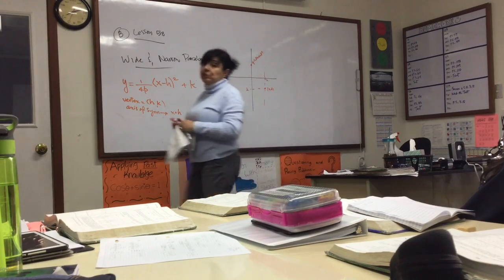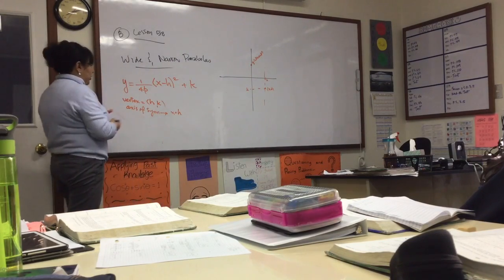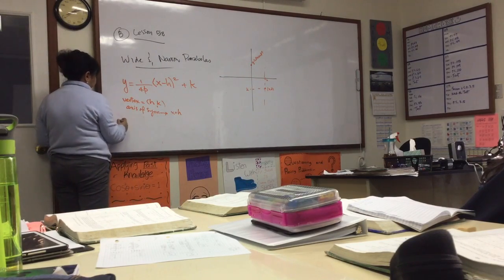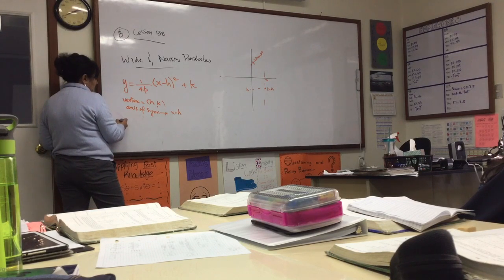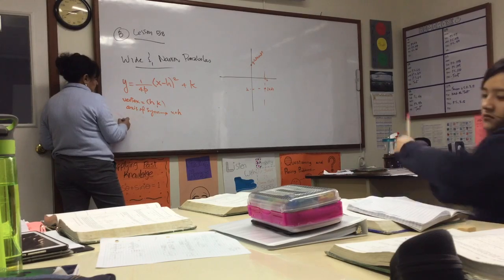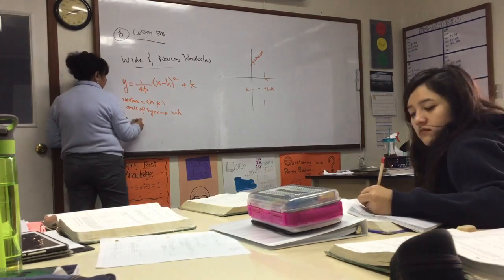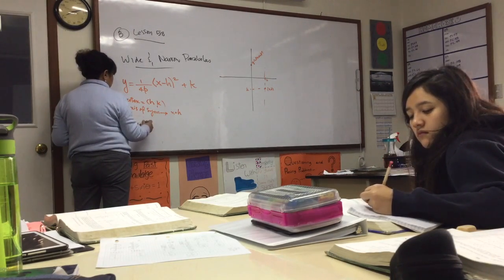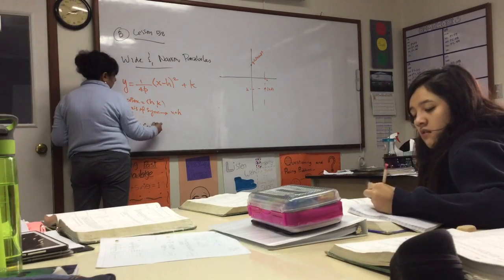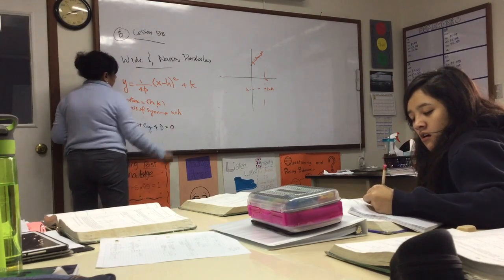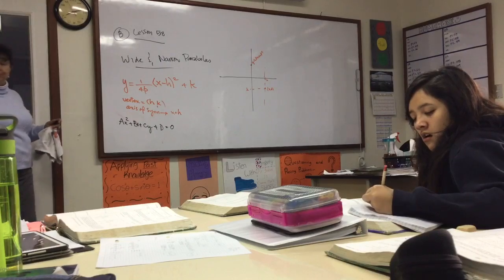It comes from the original equation that you get, which looks something like this: ax squared plus bx plus cy plus d equals 0. That's usually what you get, right?